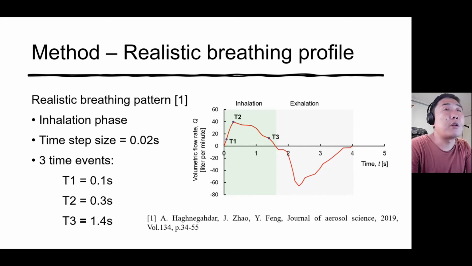In addition, to establish a realistic breathing pattern, a transient inhalation and exhalation breathing profile was adopted, where 3 time events, T1, T2, and T3, during the inhalation phase were selected for data analysis purposes.